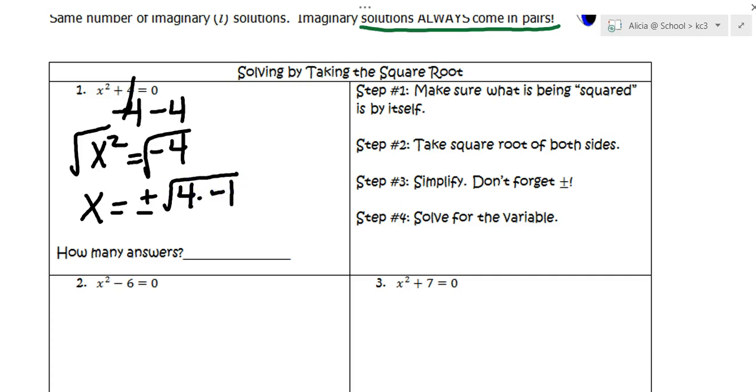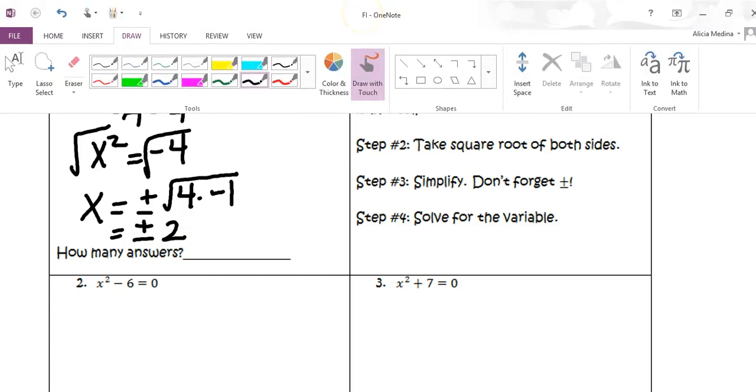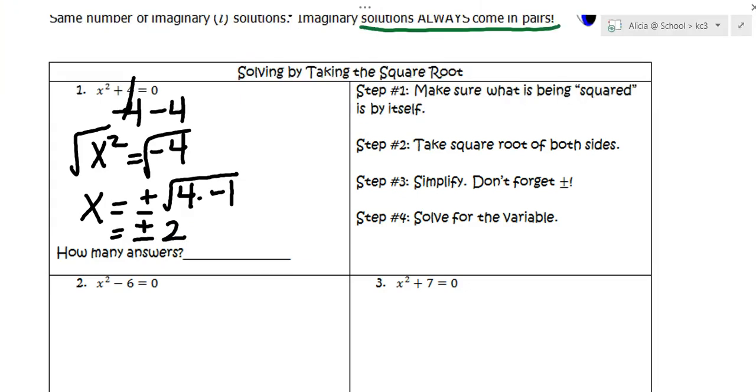Now some things to remember too. I'm going to bring down that plus and minus sign. When I take the square root of 4, that is 2. And the square root of a negative, remember you cannot take the square root of a negative, so that is why the square root of negative 1 is going to be i.